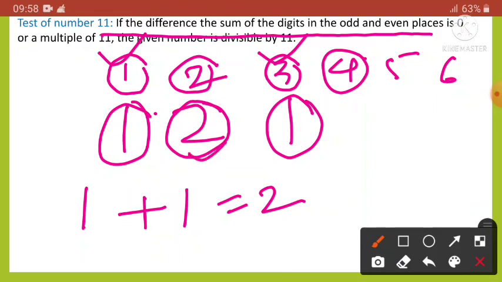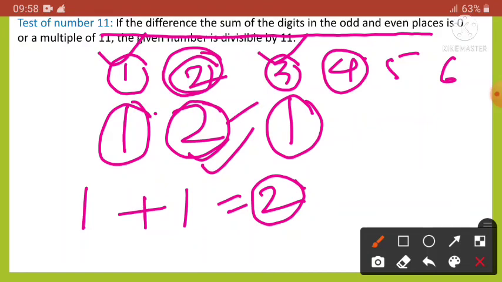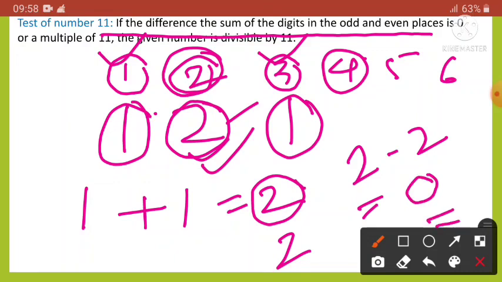Here it is 2, because it is in the second position. If we now do the difference, the result for odd places is 2 and even places also 2. If I subtract, then we have the difference 0.